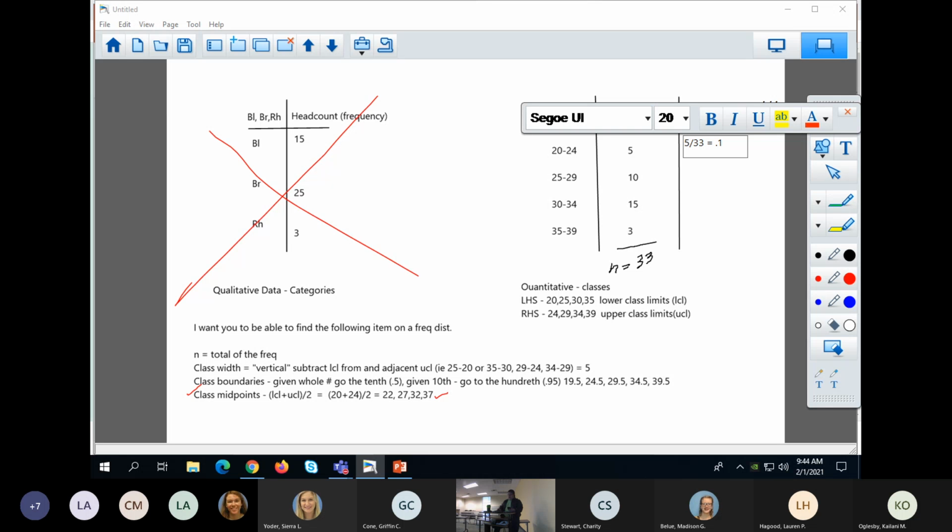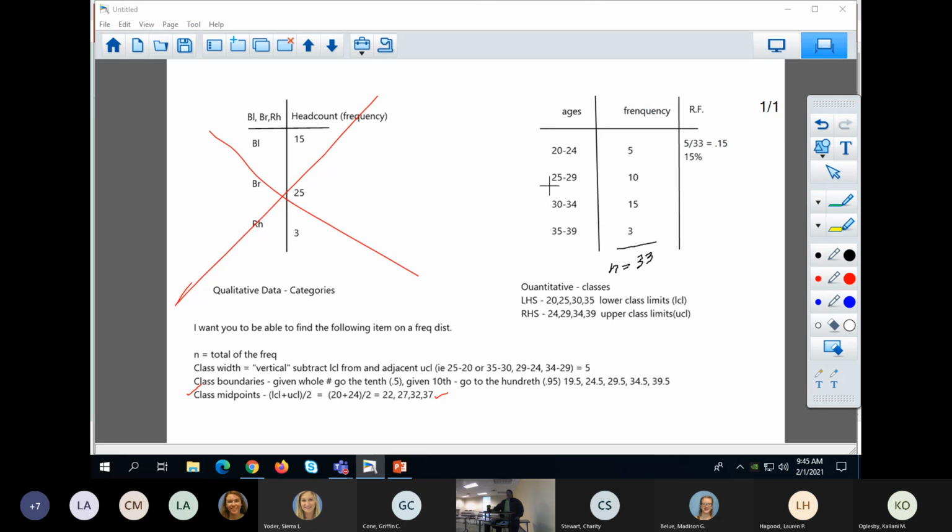And multiply that by 100, and that will give you 15%. I'm not going to do the rest of them because it's too complicated until they fix this thing.